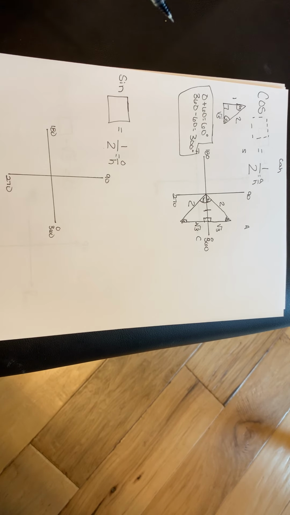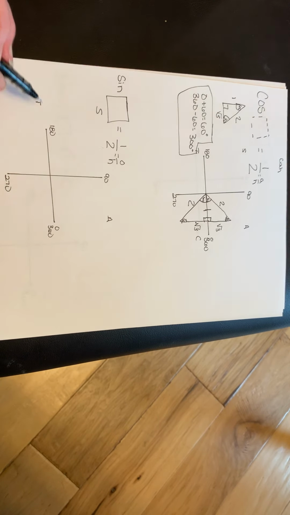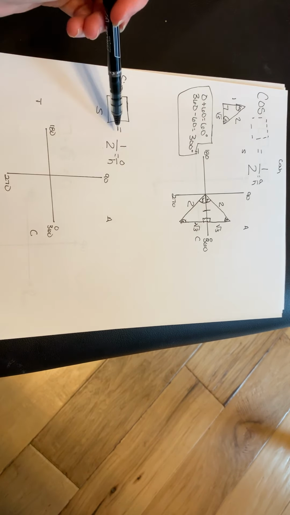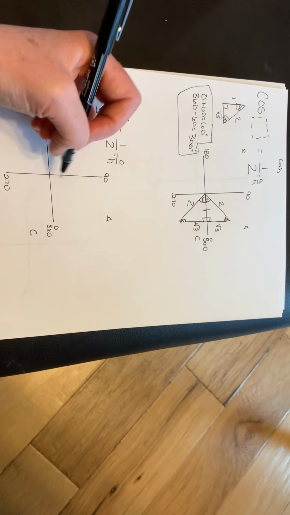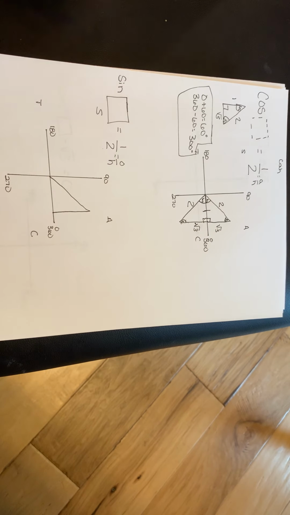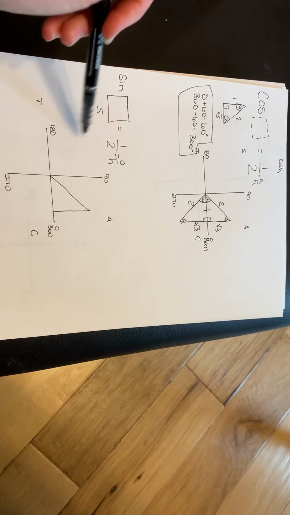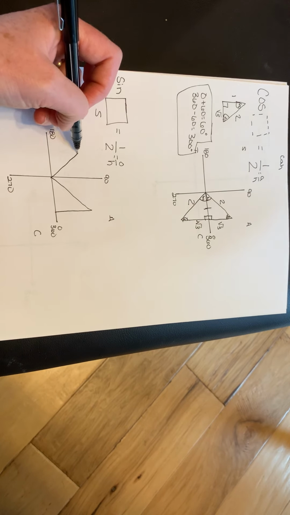All right, so let's work through this one together. All students take calculus. I have a positive sine, so everything is positive in quadrant 1. So I'm going to draw a triangle here. And I'm going to look for where sine is positive. So sine is positive here in quadrant 2, so that's where my other triangle is going to be.